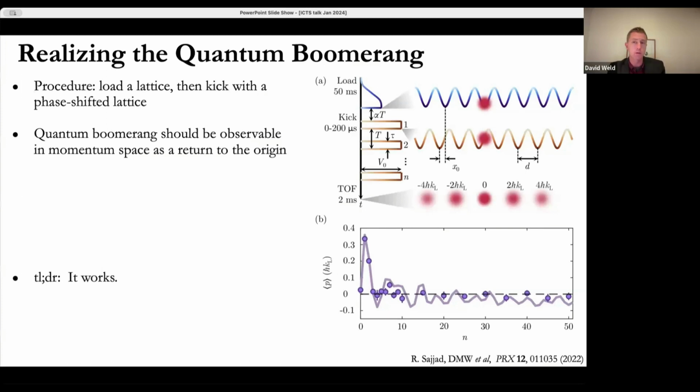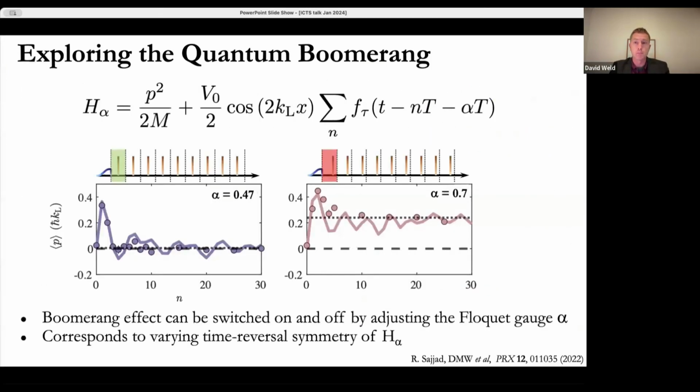So you can do a little bit more than just look at this. And one of the interesting things you can do is probe the dependence of the quantum boomerang effect, which is really a fundamental diagnostic of Anderson localization, on these two key ingredients, which are localization itself and time reversal symmetry.